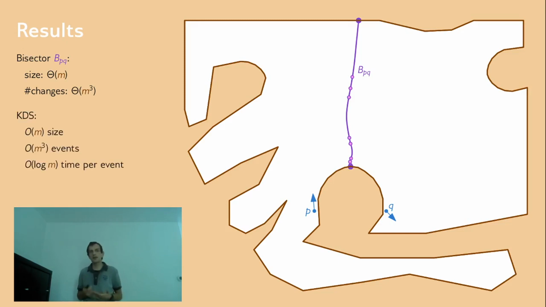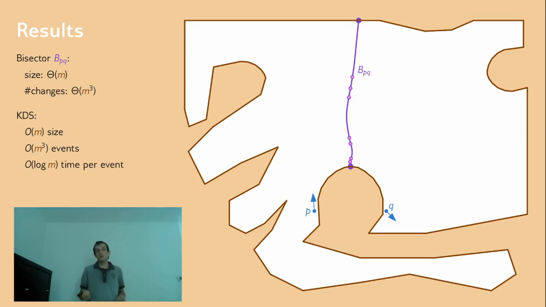Then we present a kinetic data structure to maintain this bisector, and it has linear size. It processes only m cubed events in log m time per event. So in terms of our measures, our data structure is compact. It is efficient because the ratio of the number of times that the data structure does something over the number of times it may have to do something is constant.